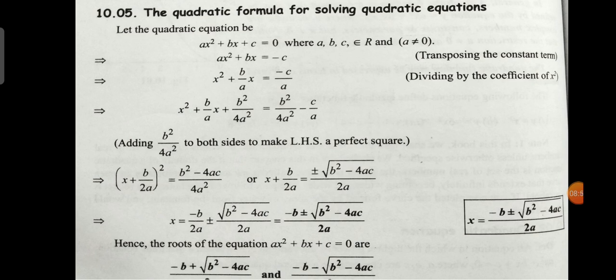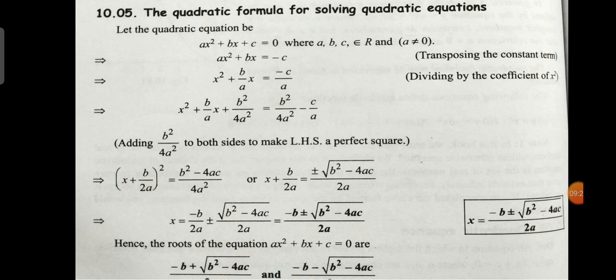If the equation is ax square plus bx plus c equal to 0, the solution for x is x equal to minus b plus or minus root of b square minus 4ac by 2a. That is the solution for the quadratic equation, known as the quadratic formula.